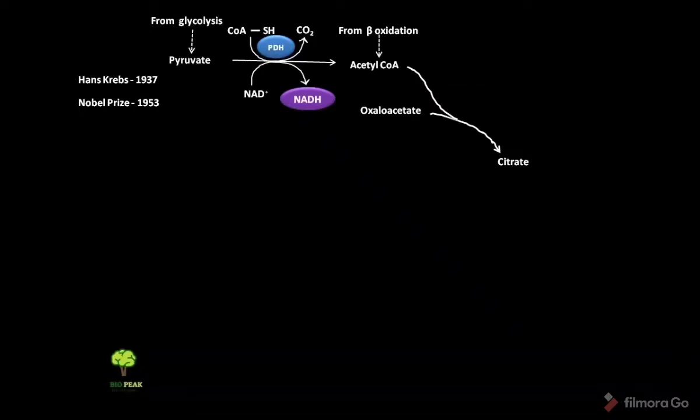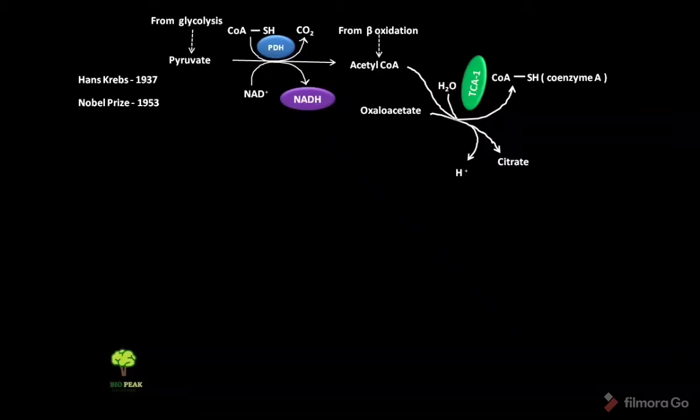This condensation reaction is driven by the free energy of hydrolysis of the thioester bond. This step also releases a H plus ion. This step is named TCA1 and is catalyzed by citrate synthase.